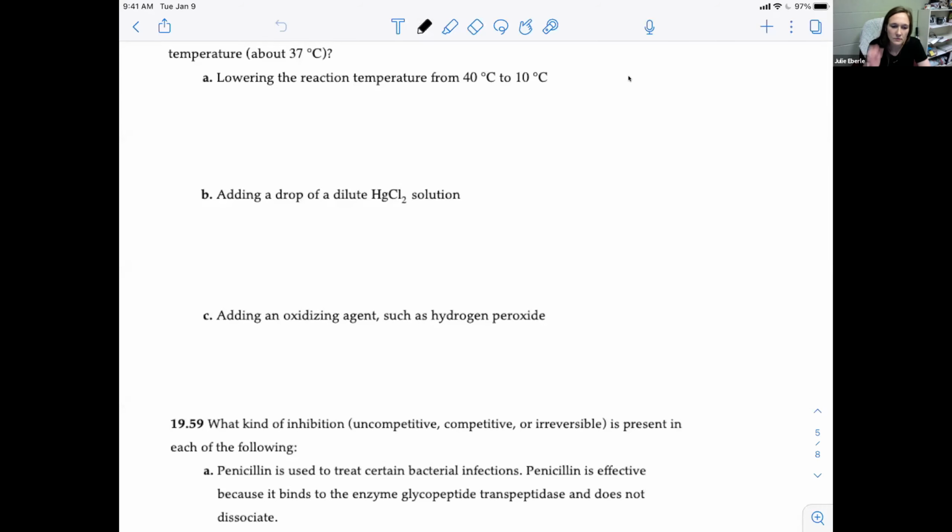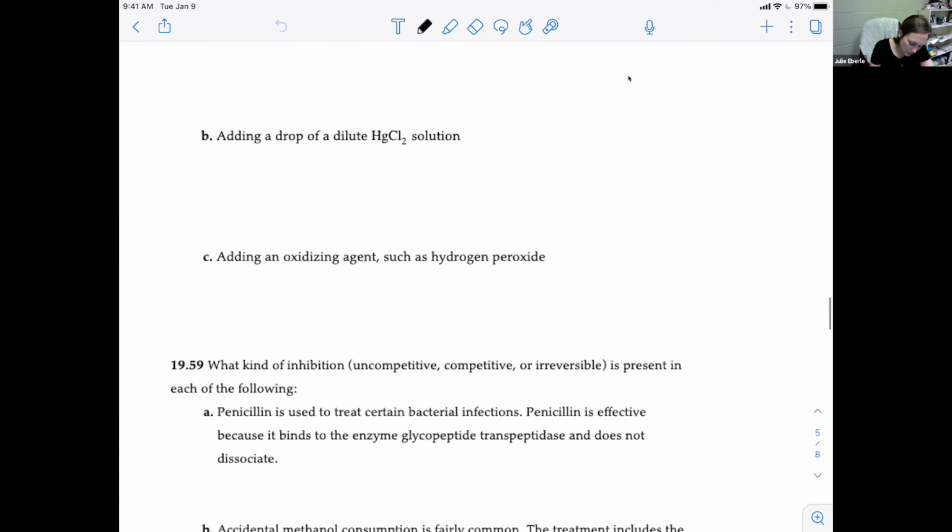I mean, here's what you could think about, Claire. I'm not sharing my screen, am I? Let me share over to this. So we did talk about oxidizing agents such as hydrogen peroxide.